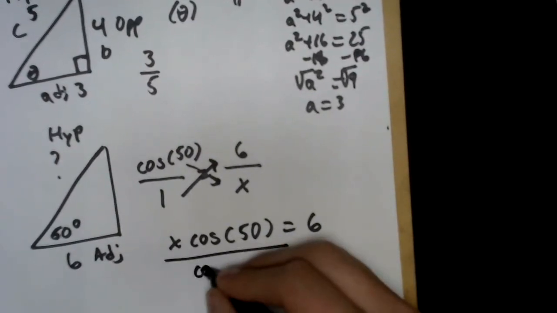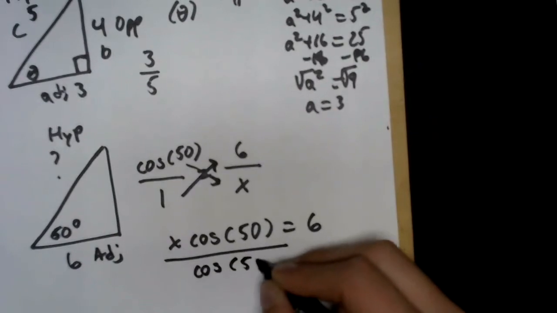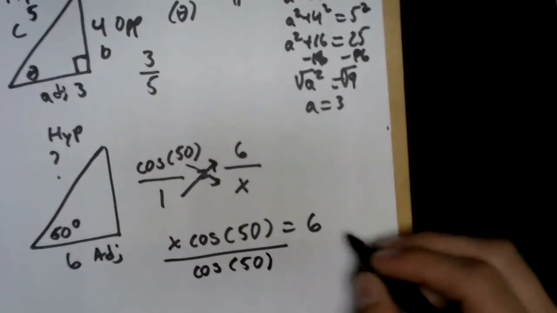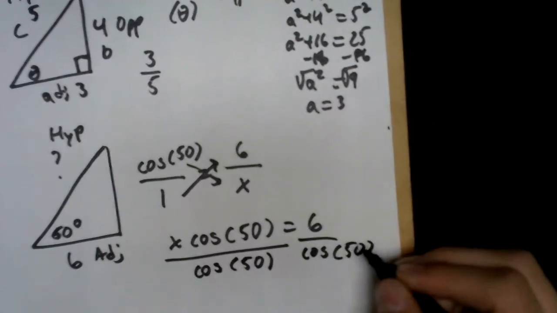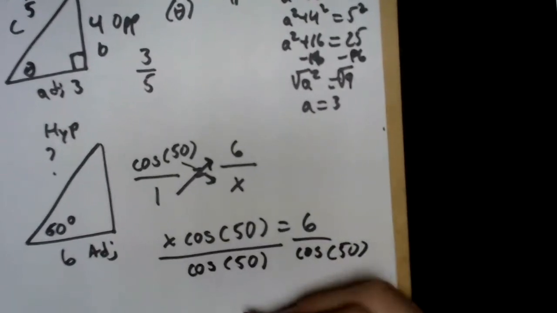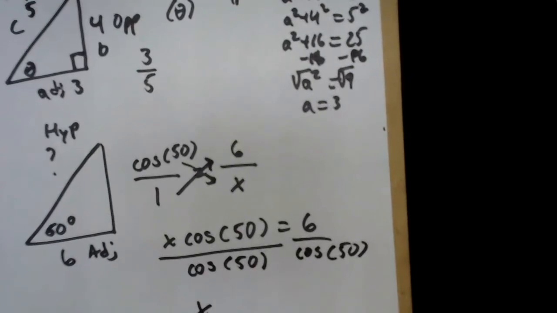Divide by cosine of 50 on both sides. If you want to calculate it out, make sure your calculator is in degrees. If it's for some reason in radians, it will give a different answer.